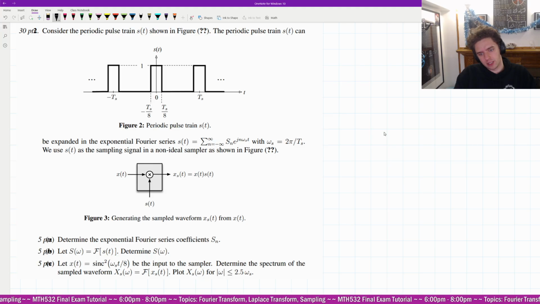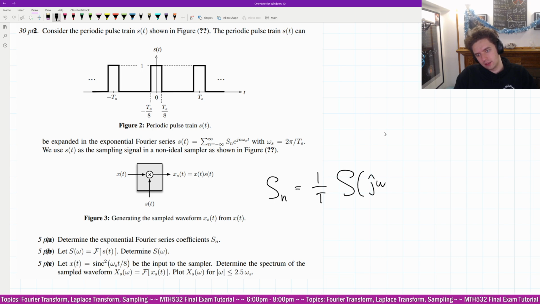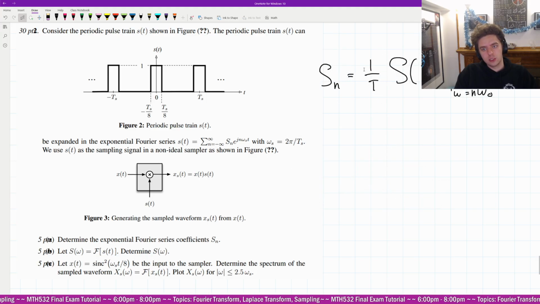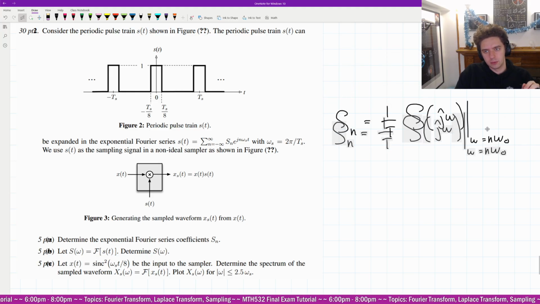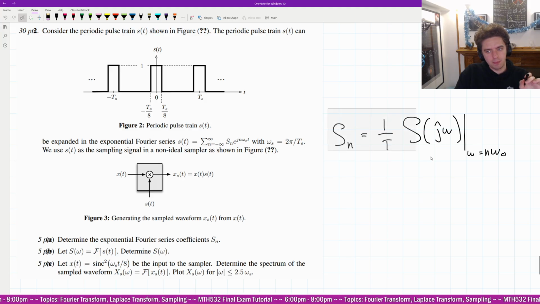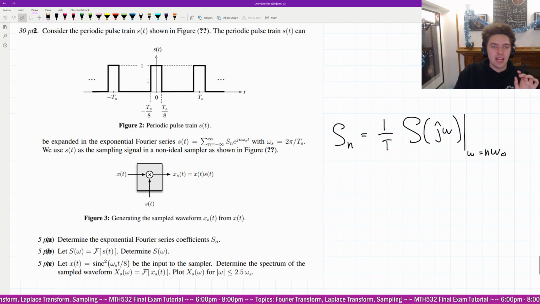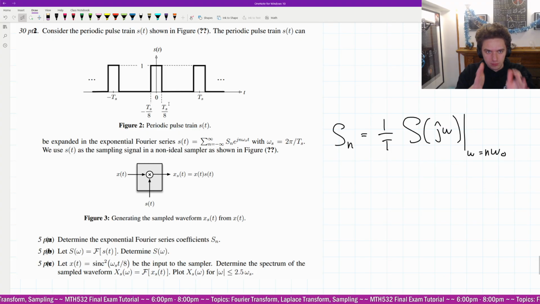So to find Sn, Sn is just going to be 1 over Ts times S of j omega, evaluated at omega equals n omega naught. This is a formula to convert from the Fourier transform of a single period to the series coefficients. If you have a periodic repeating signal and you can find the Fourier transform of just one of the periods, call that S of j omega.